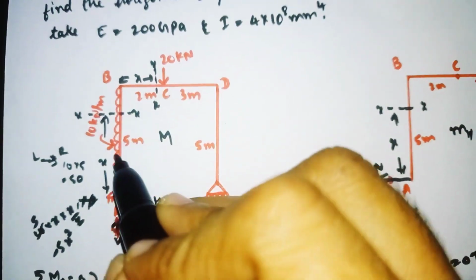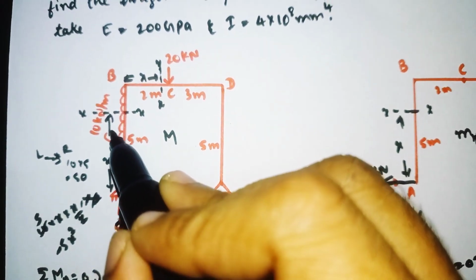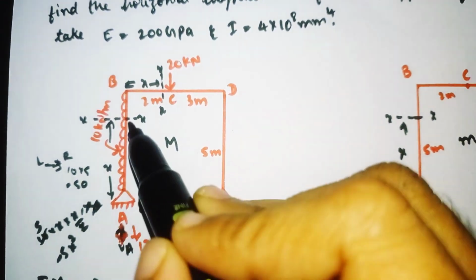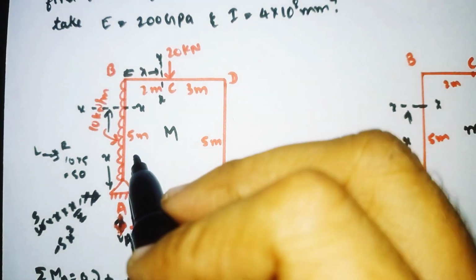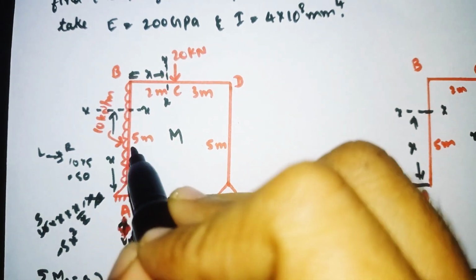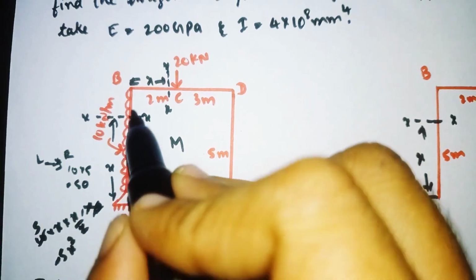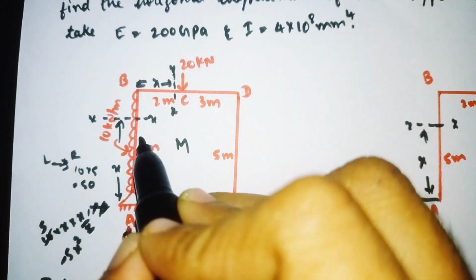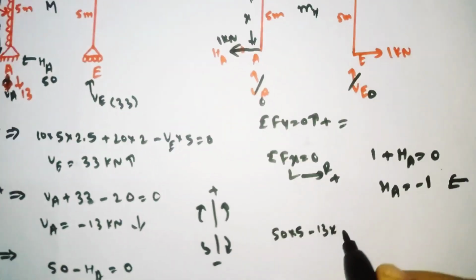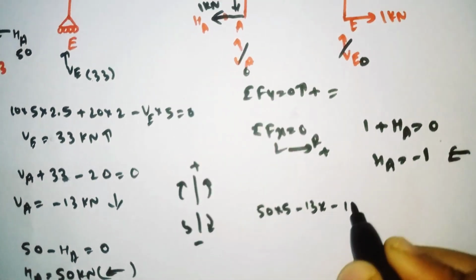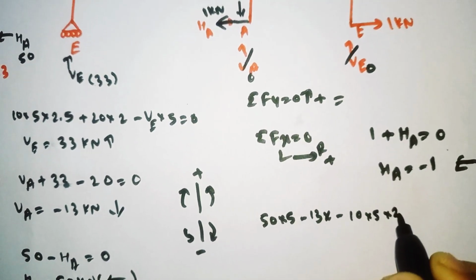And here one more load is there, that is the UDL acting. So 10 into 5, at a distance of L by 2. L by 2 means from here to here is 5, and half of this is 2.5. So minus 10 into 5 into 2.5.